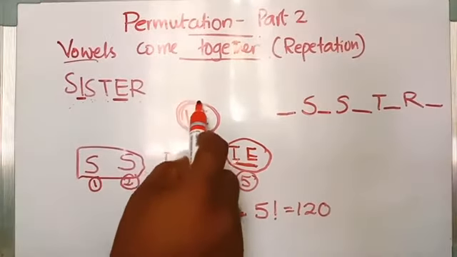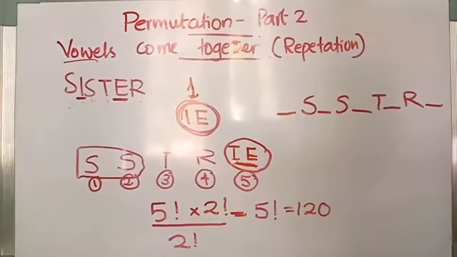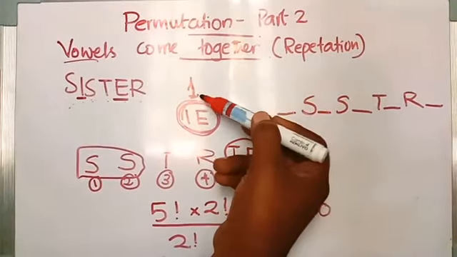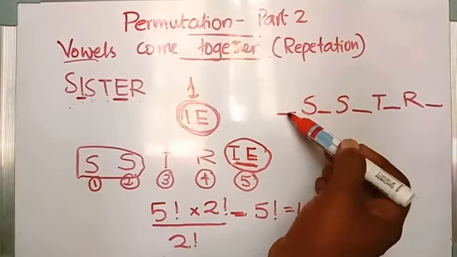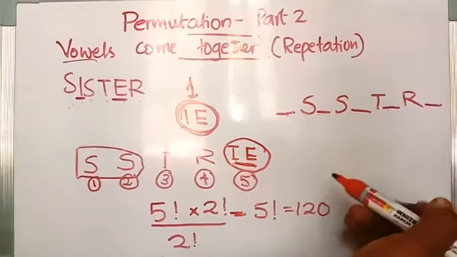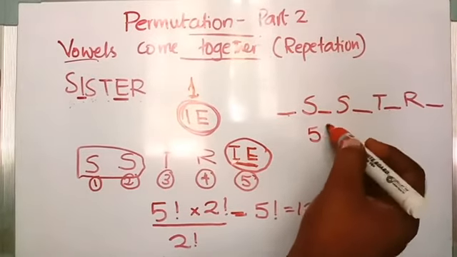So how many places? This is now one group. I and E is one group. Don't consider it as 2 letters. So this one group can be arranged in how many places? 1, 2, 3, 4, 5. So it is 5 factorial.